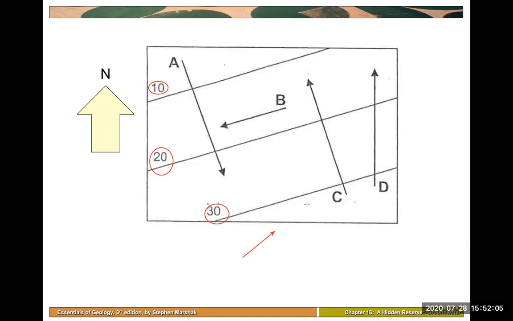So I assume that the water flows this way, always perpendicular to the contour line. From A, B, C, and D, I would choose which arrow shows the right direction of the water flow. Definitely, I would choose the C here, which is from high to low and perpendicular.